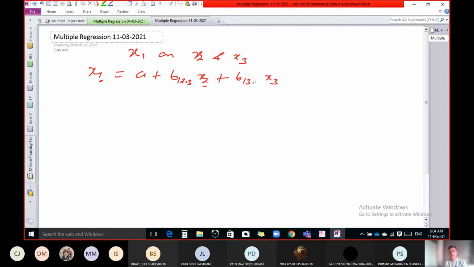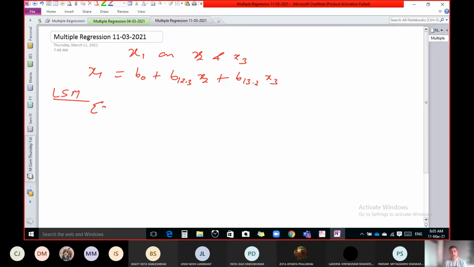So we write 1 3 keeping 2 constant, and instead of a you can use b, but to differentiate that you can write b0. So this is our regression line. Now by using the least square method we get the following 3 normal equations. So you have to learn these 3 normal equations.